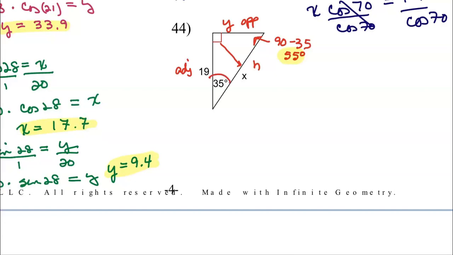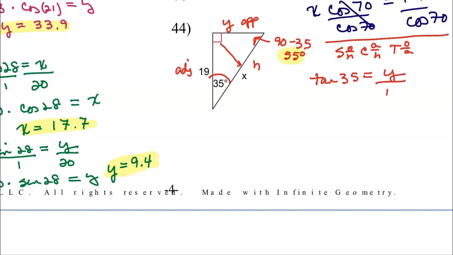Then I'm going to use the angle they gave me. I have the adjacent, and I need to solve for the hypotenuse and for the opposite. So let me just write SOHCAHTOA over here. So I have it in front of me again. And I need to solve for the opposite, and I have the adjacent. So opposite and adjacent is tan. So what if I say the tan of 35 equals the opposite, which is y, over the adjacent, which is 19.